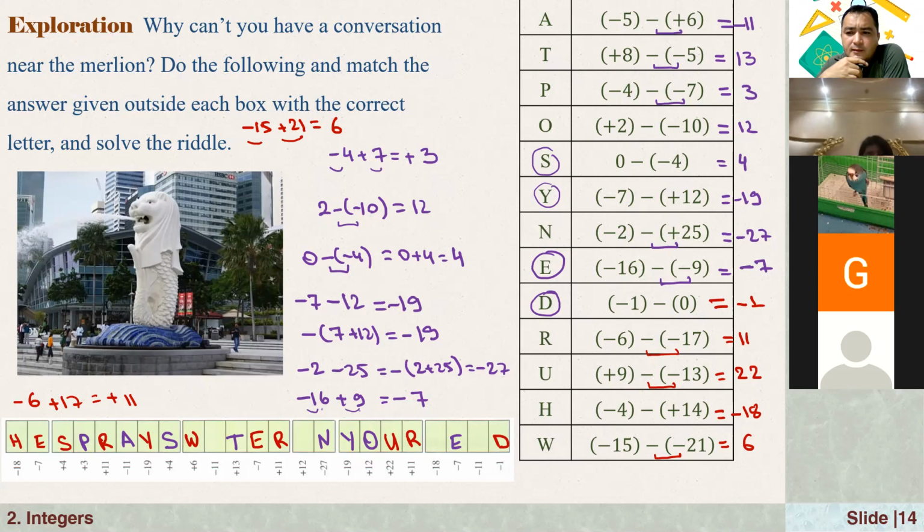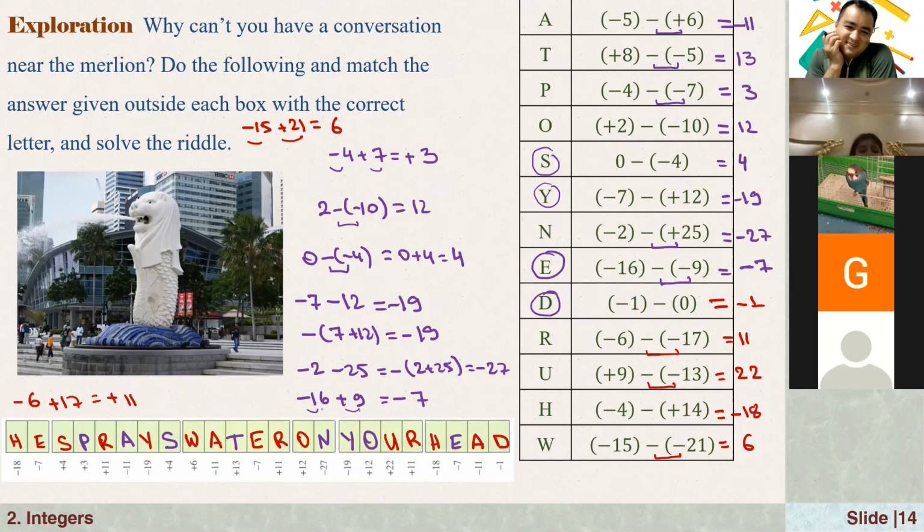He sprays water on your head. So my -11 is A, right? He sprays water on your... What is your 12? It is O. On your head. Your -18, H. On your head. Ah, I see.